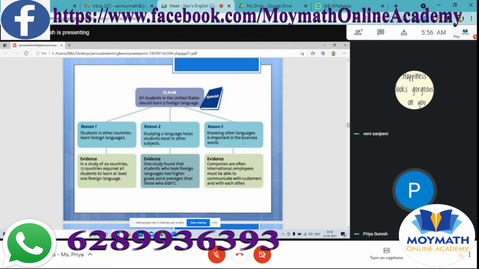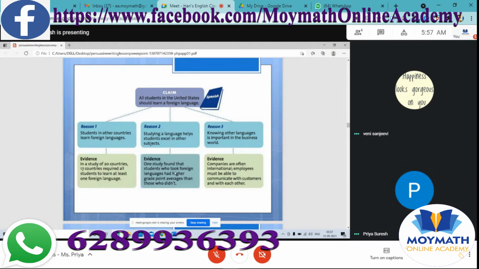Now, another point I have to tell you is, in the introduction we have to make the claim. Then if you go for reasoning and evidence, reason one and evidence must be in one paragraph. There is a second paragraph, third paragraph.